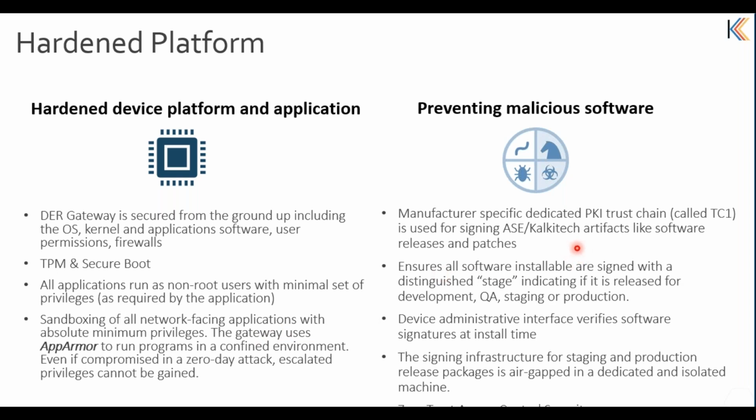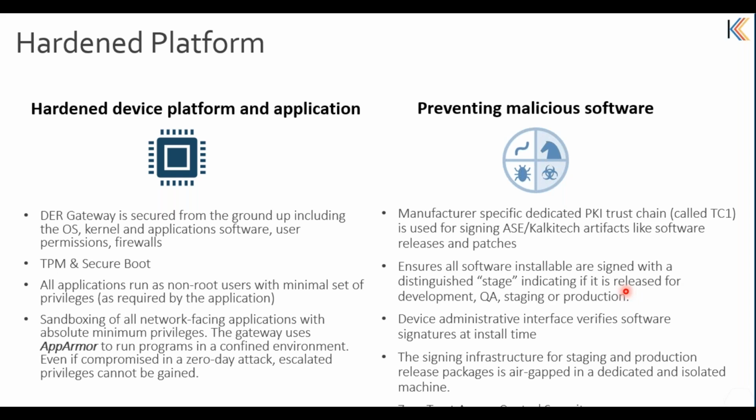Again, for malicious software prevention, as I mentioned in the earlier slide, there is a PKI trust chain mechanism which we have adopted. Trust chain 1, which is non-installable, is used for signing the firmware or software supplied by ASC or Kalkitech. This is primarily to ensure that the software cannot be uploaded or updated by any third party without proper approval.